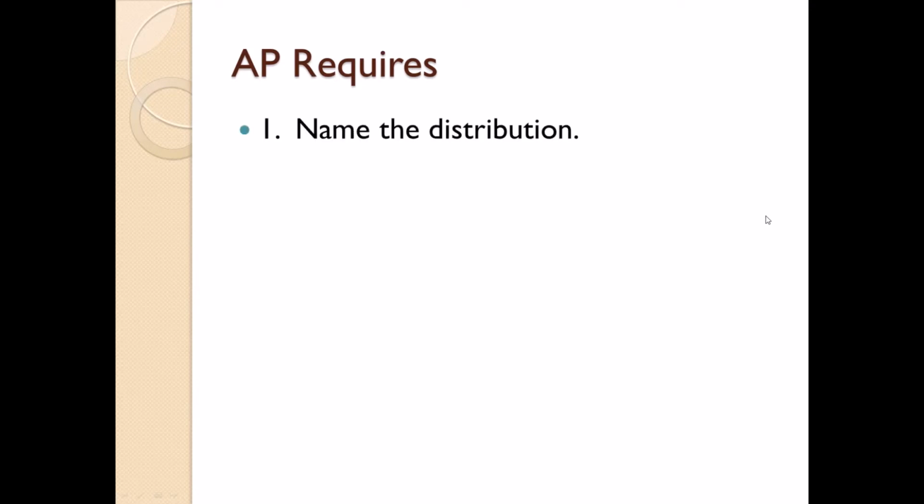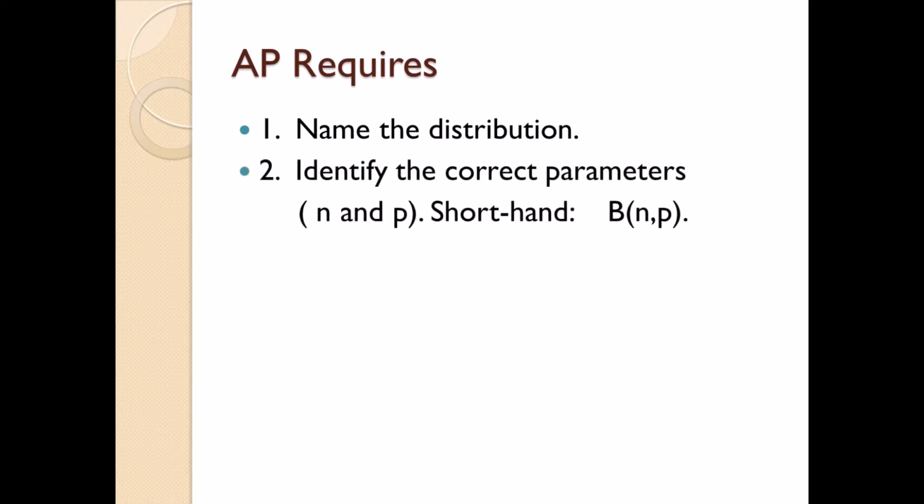All right, so AP requires, if you're doing an FRQ question and you think, whoops, that's binomial, then go with the capital B parentheses n and p, or name it: random variable X is binomial with n equals something and p equals something. That's your shorthand. And then get your calculations right.